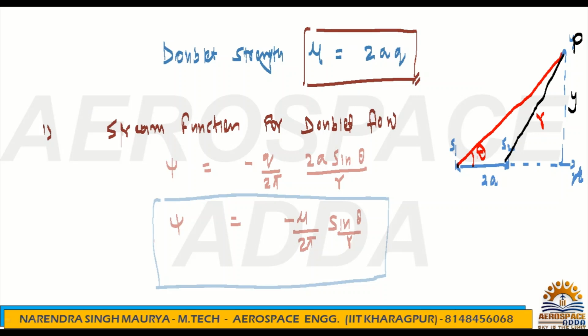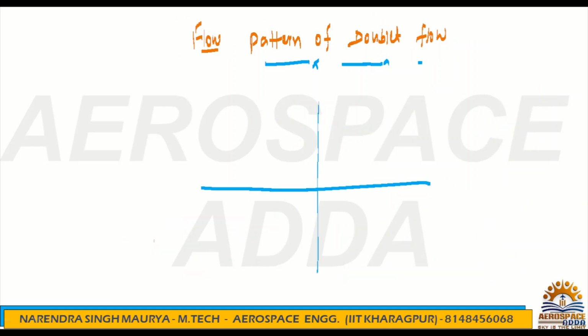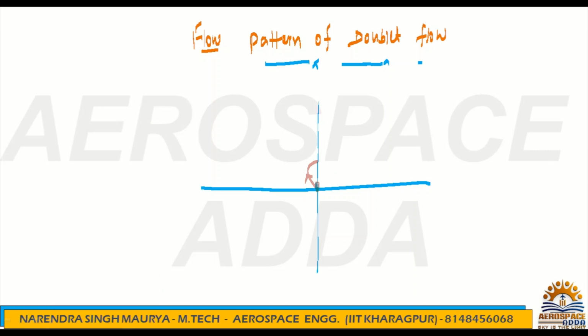If the distance between source and sink approaches 0, what does it mean? Both are lying at the same point. Suppose this is the source; from the source, flow will go out like this. But at the same point we have a sink also, so the flow will be absorbed like this. This is the upper side.